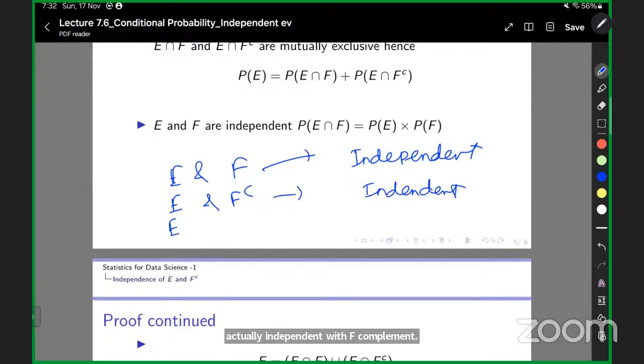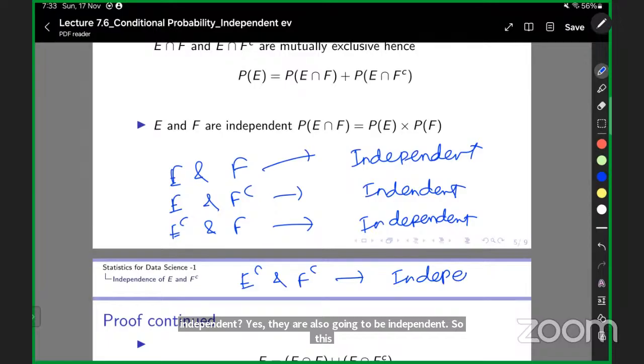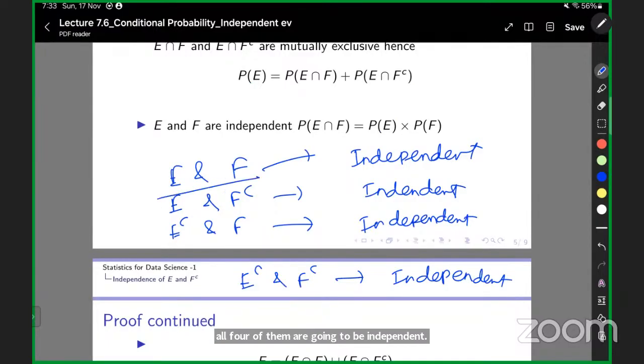Another scenario could be that E complement, is it independent of F? Yes, they are also going to be independent. And are both of their complements going to be independent? Yes, they are also going to be independent, right? So all four of them are going to be independent. You can prove all of them, but this is what we did.